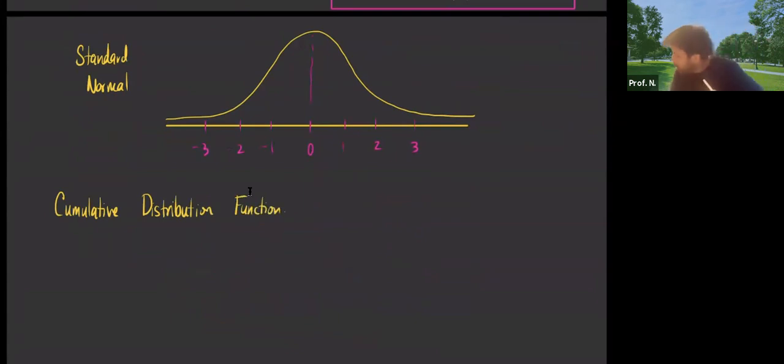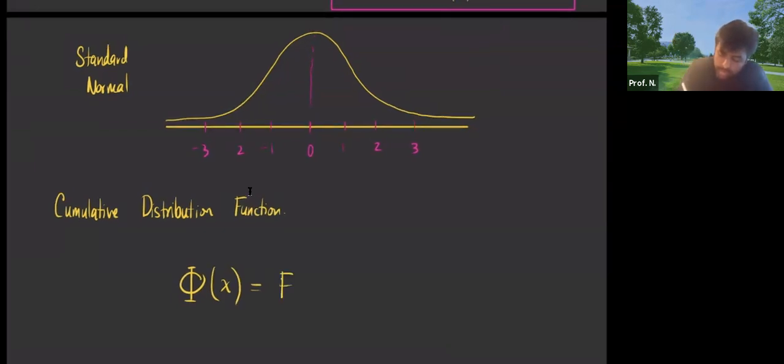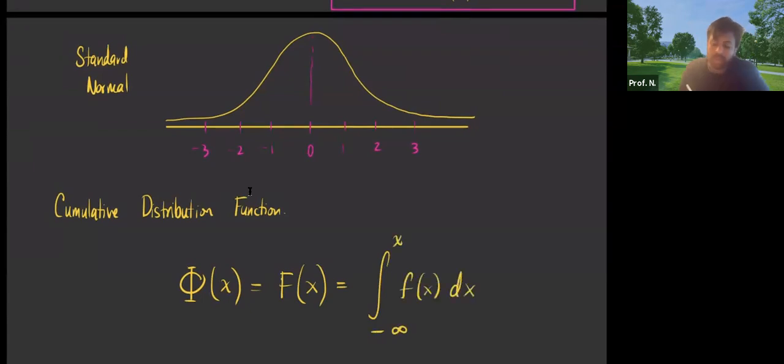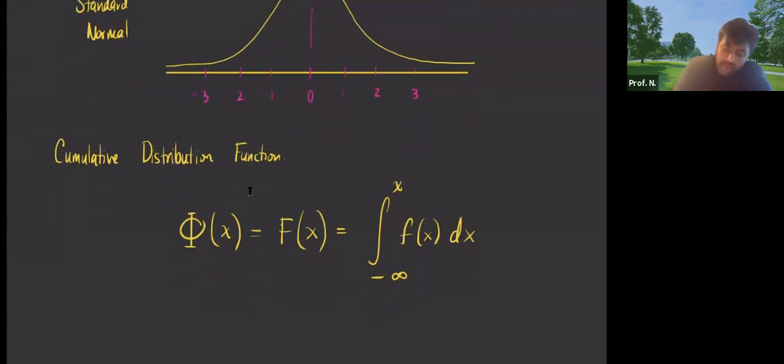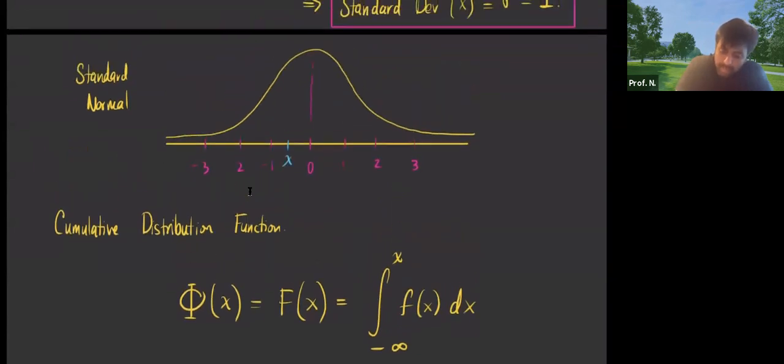So normally we have this symbol here to indicate the normal distribution, and the CDF is defined as everything up until x of my PDF. So when you have an x value somewhere, you're accumulating all of the area underneath up until x.